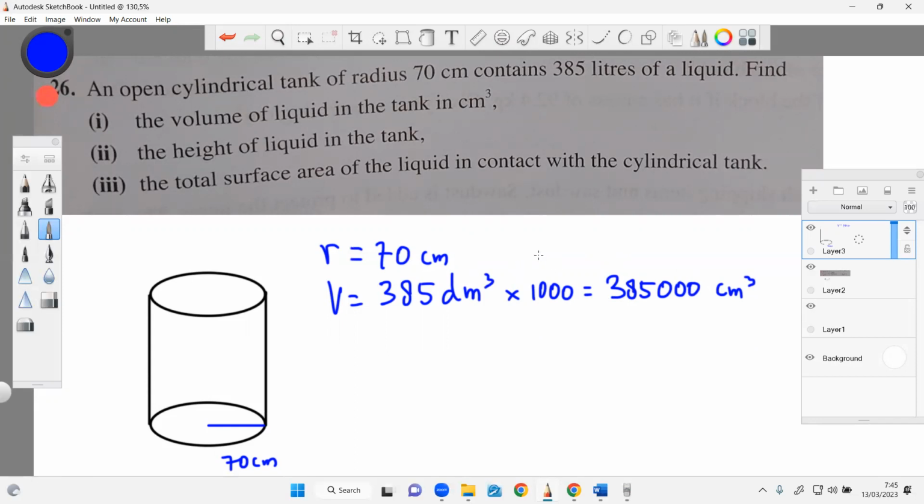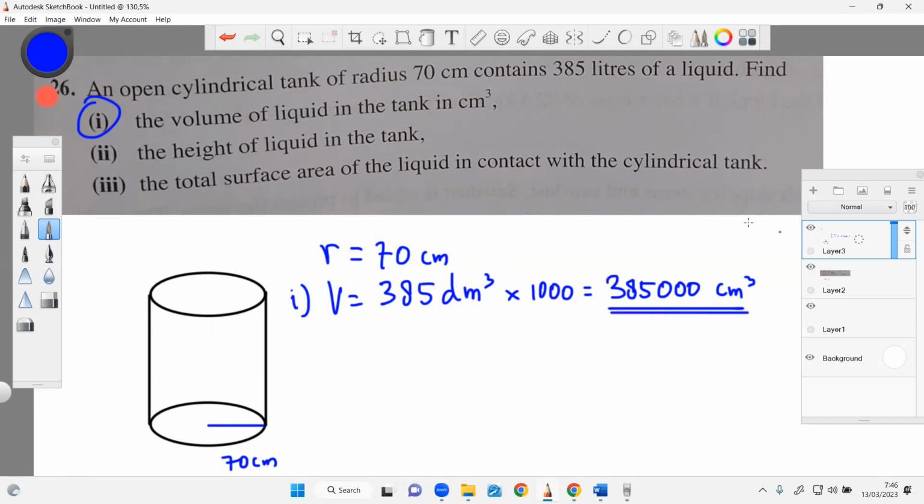Then the volume is done. Part one asks for the volume of the liquid in cm cubed. Done.